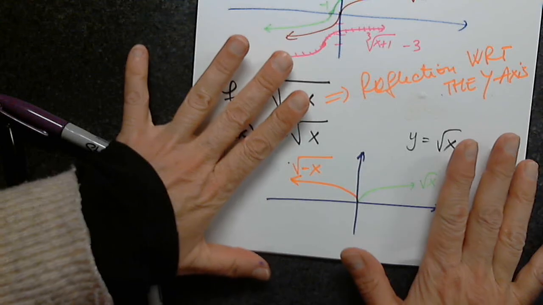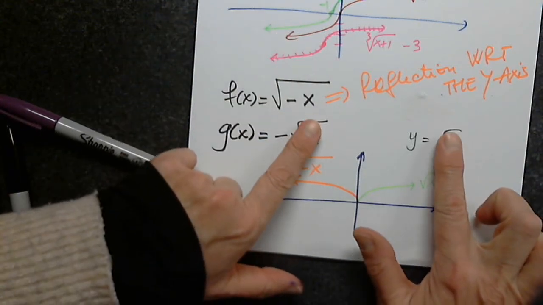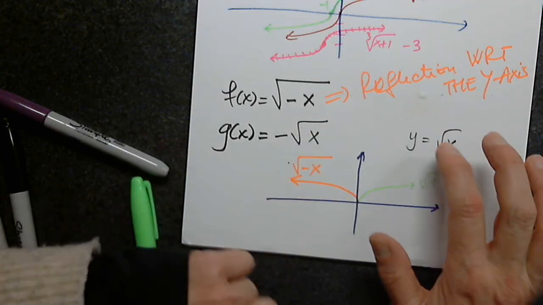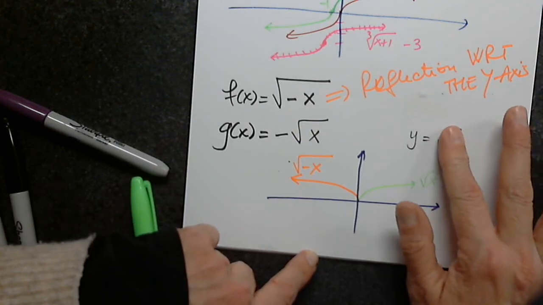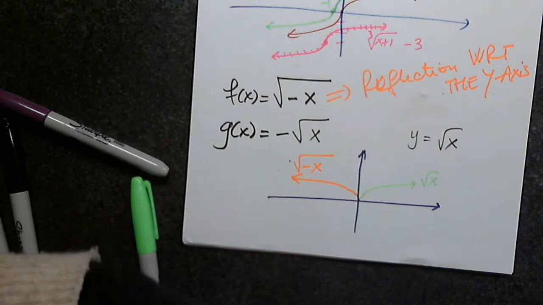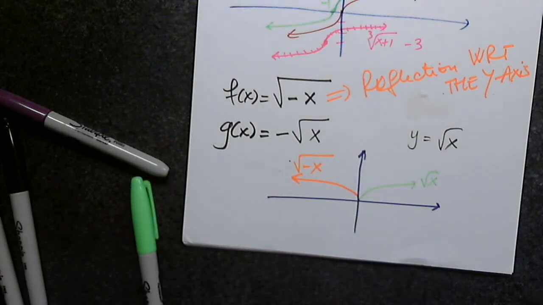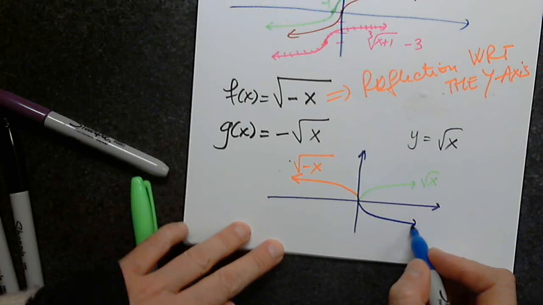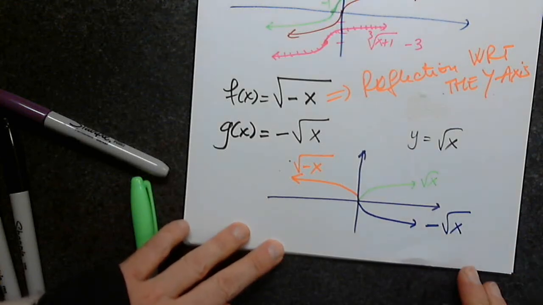Now let's analyze these two. Am I changing x here? No. So this one has positive in front of the y value, and this one has negative in front of the y value. What am I doing now? Exactly. So here is the graph of negative the square root of x.